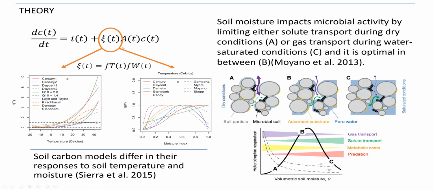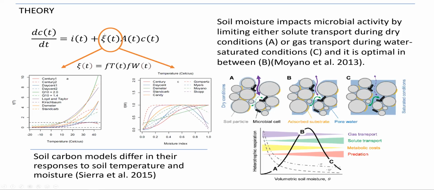There is a theory that many soil carbon models have a similar representation of carbon transfer in carbon pools. The carbon changes over time depending on the litter input, and then there is a representation of the transfer between the pools or outside.